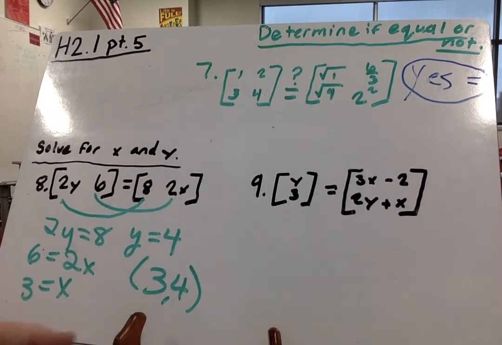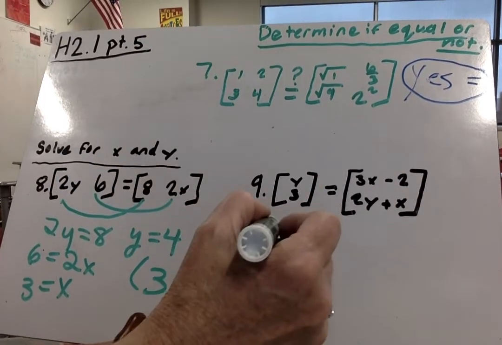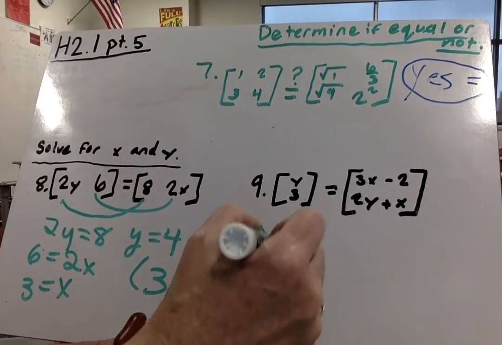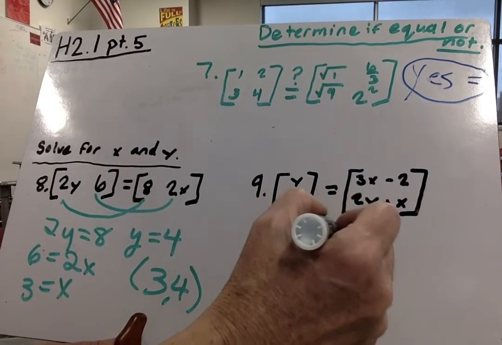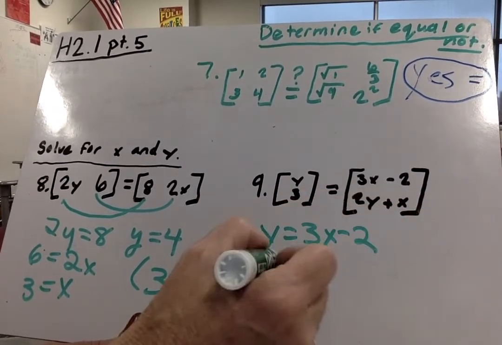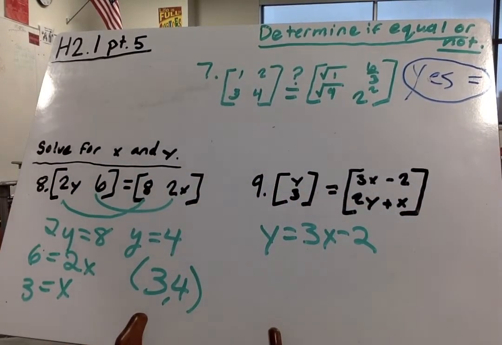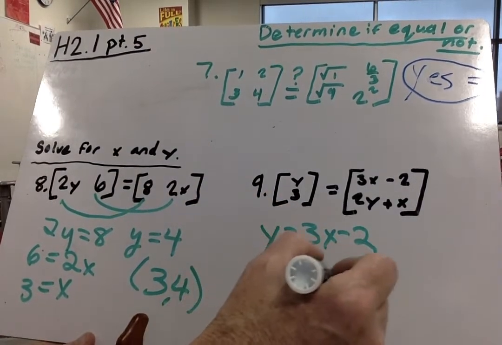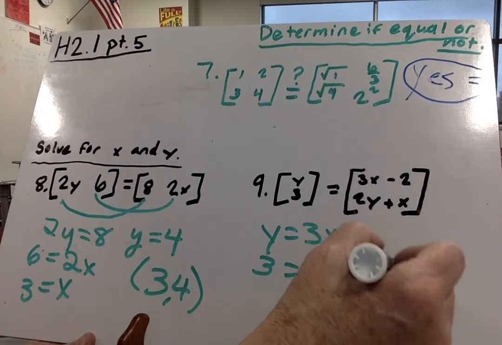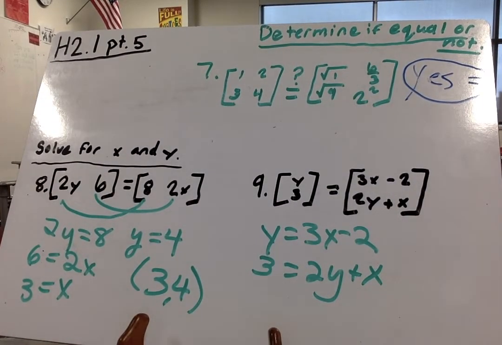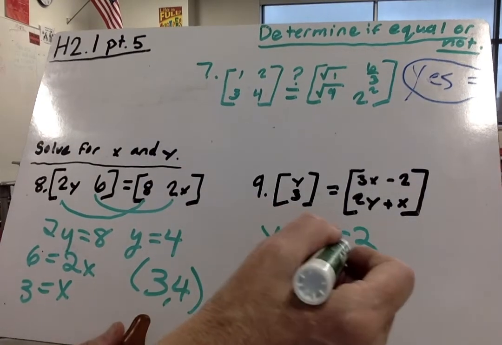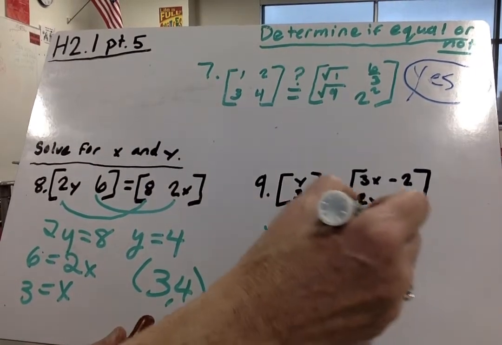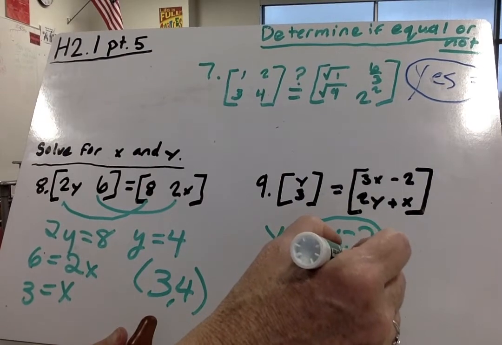Okay. Over here, I'm going to help you set it up, but I'll have you do it. y equals 3x minus 2, and I believe 3 equals 2y plus x. Okay? I would probably use substitution to solve. So I would substitute this 3x minus 2 in for that y.